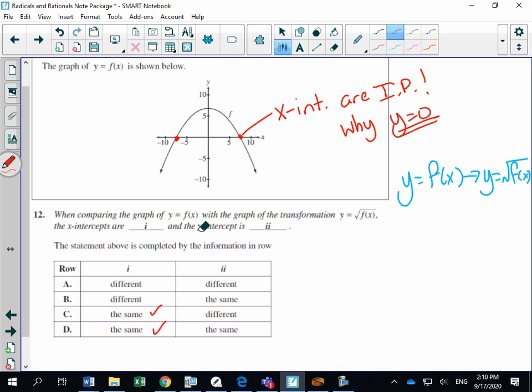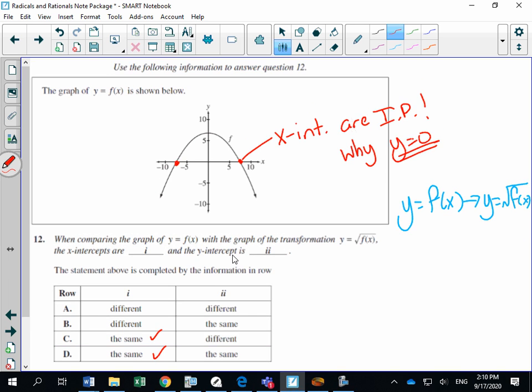Now we have to look at the y-intercepts. So the y-intercept of the graph. Okay, so this graph here, here's the y-intercept, and let's just say that that graph has a y-intercept of x is 0 and y is 6. So (0, 6). Well, what will that point be on the transformed graph? It would be 0 and the square root of 6.